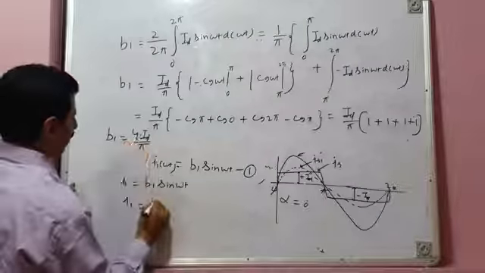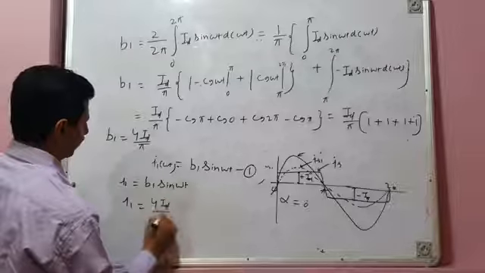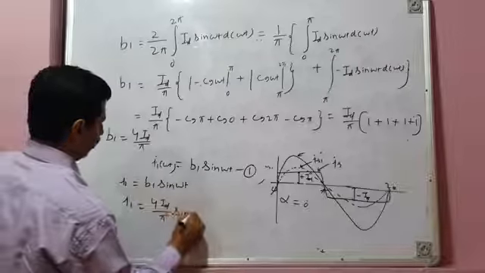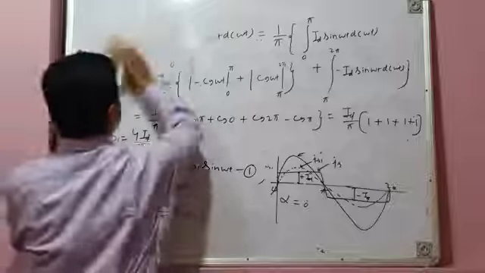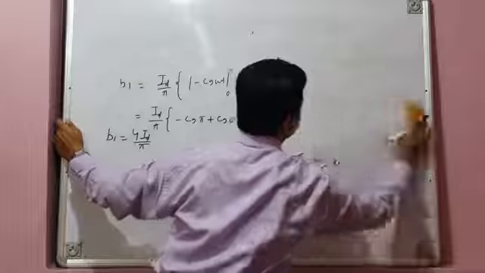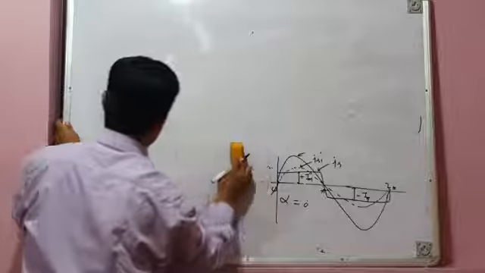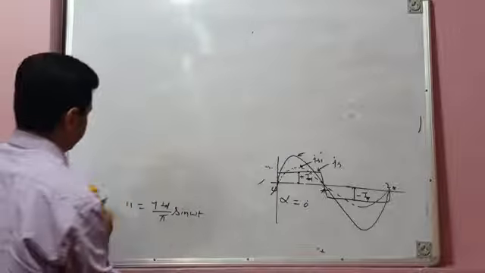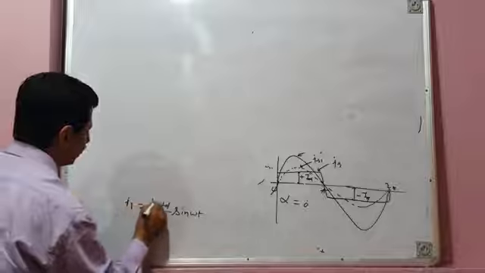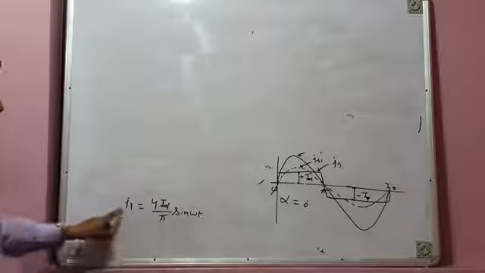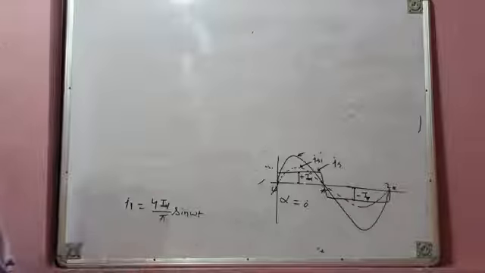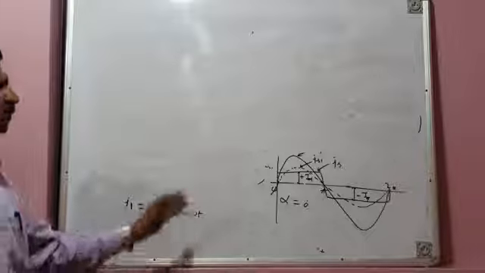B1 we have already got, 4Id by pi, sin omega t. So this is the mathematical expression for the instantaneous value of the fundamental component of source current. So we know I is equal to Im sin omega t.